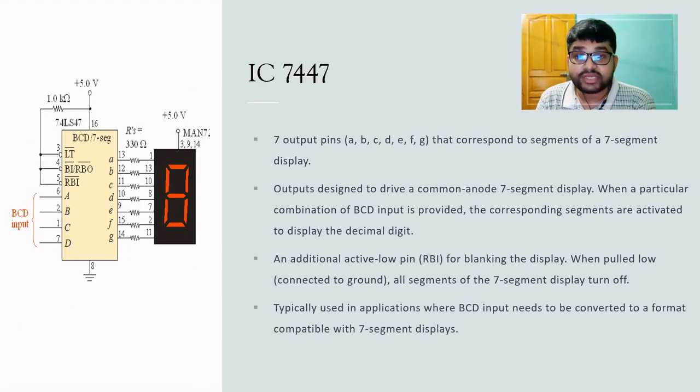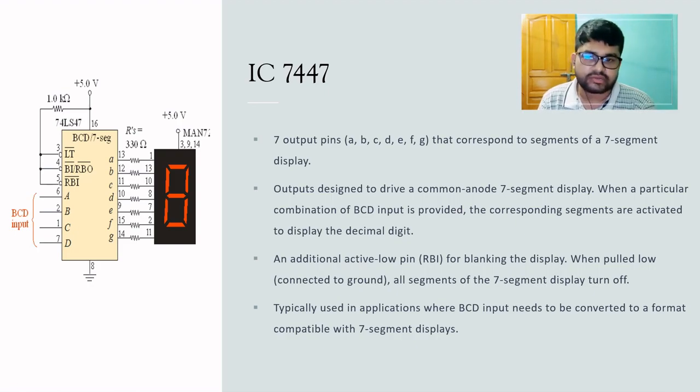After that, I would like to discuss the specific configuration of IC 7447 in our voting system. This integrated circuit is a specialized component known as a BCD to 7-segment decoder or driver. What does that mean for our voting system? Well, IC 7447 is responsible for converting the binary coded decimal output of the arithmetic operation into signals that can be displayed on our common anode 7-segment display.